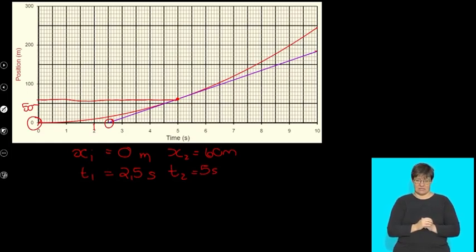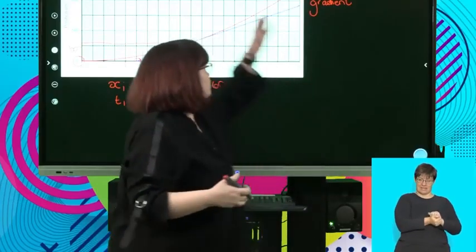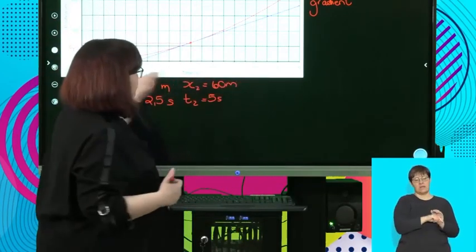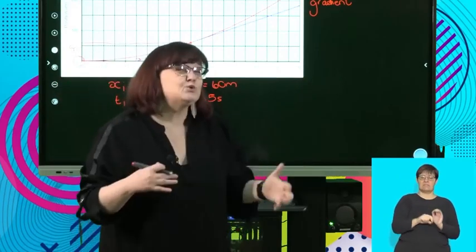We're finding a gradient, so we go gradient. In this case, and this is where it gets a little strange for us, because in maths, we would use y1 minus y2 over x1 minus x2. We can't use y's and x's in science because they have meaning, which is different to maths. When we look at the y-axis here, this is position.